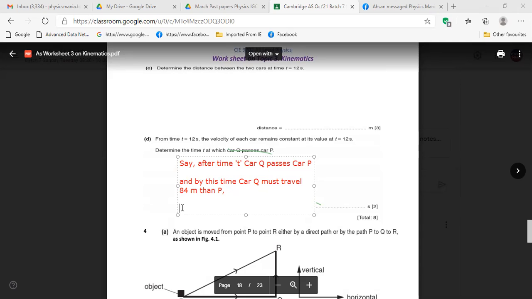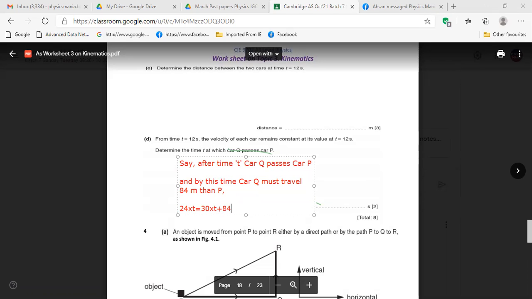Farhan's speed here you see 24, and it took time t. It is constant speed, right? So he is traveling 24 multiplied by t. That distance equals Navid will go how much? How much? 30 multiplied by t, isn't it? Time is same. Okay. Yes, sir. Plus 84 meters more.